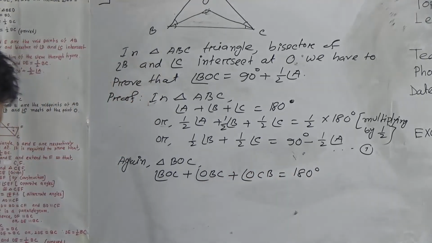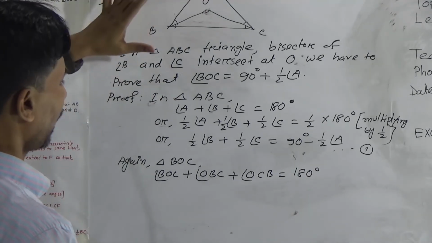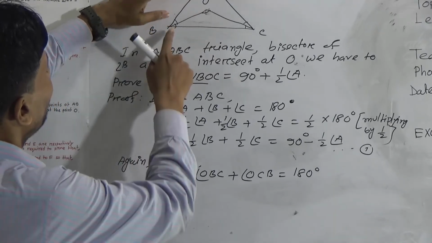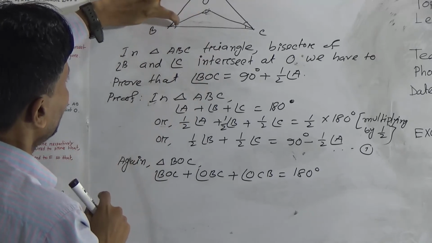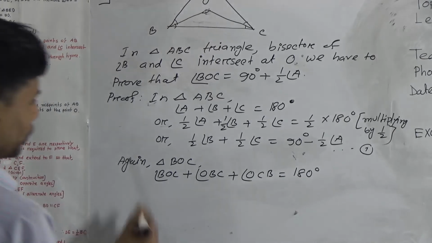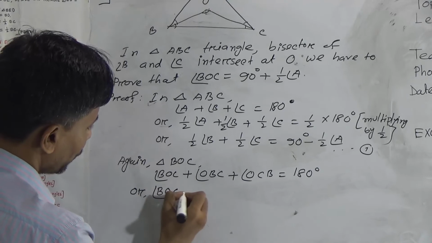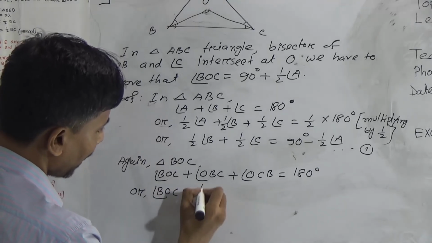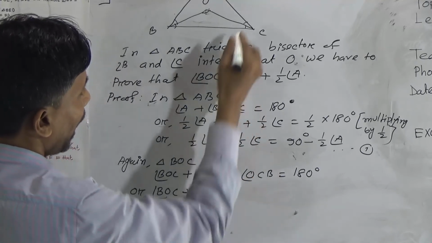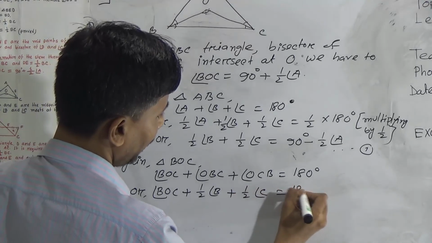Okay, students, see, in this triangle BOC, this angle plus this angle plus this angle equal to what? 180 degree. Or BOC plus OBC, that means half of angle B, and OCB means half of angle C, equal to 180 degree.